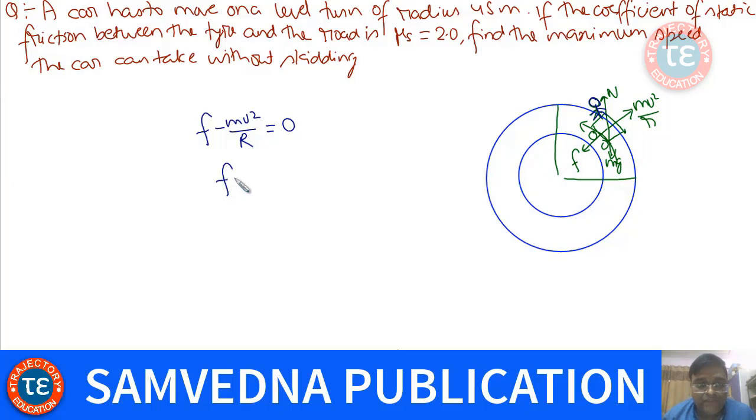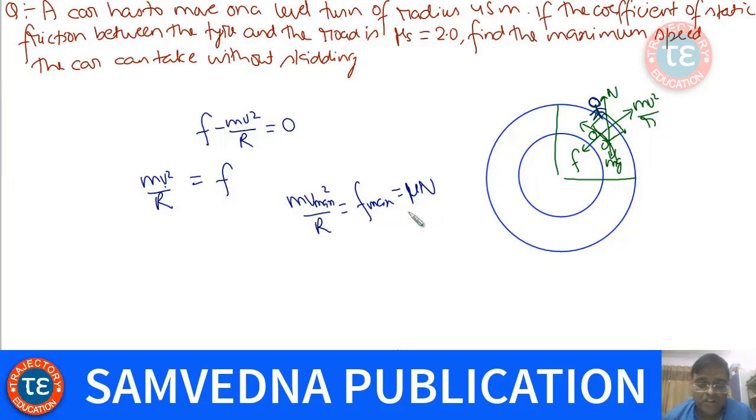So F is mv square by r, but this F has got a maxima. The maxima of this F will set the maxima of this V.